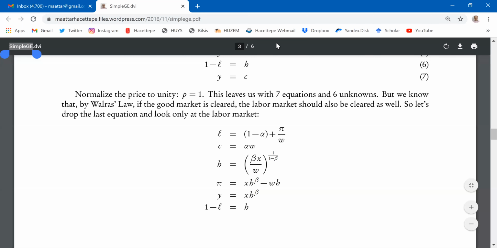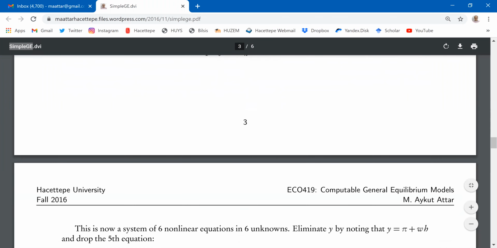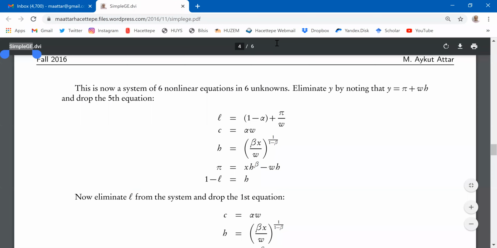Now, if you do the math step by step, you're going to eliminate equations. For instance, you're going to eliminate Y by noting that income in the economy is equal to the total of profit and wage income.